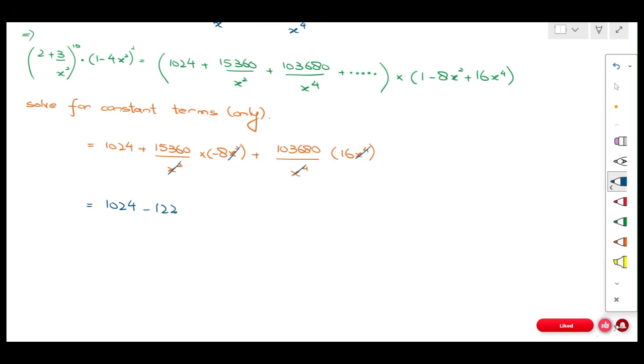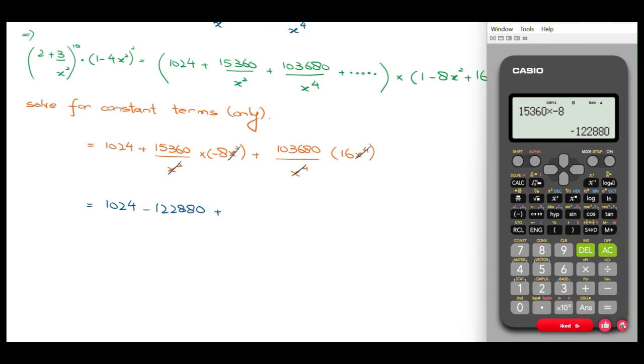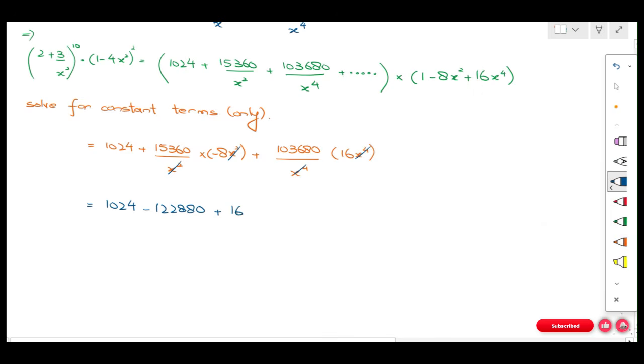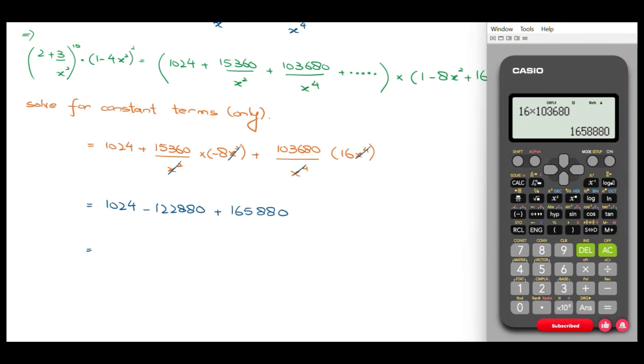And this thing multiplying by 16, 16 is multiplying with 103,680, which is 1,658,880. Okay, now simplify this.